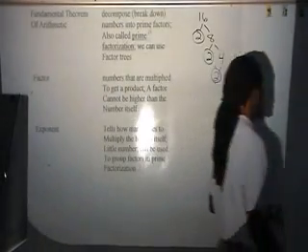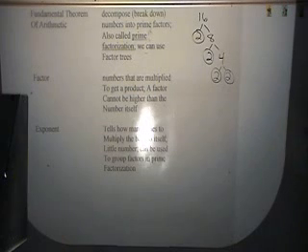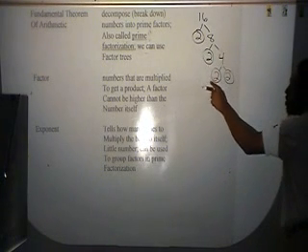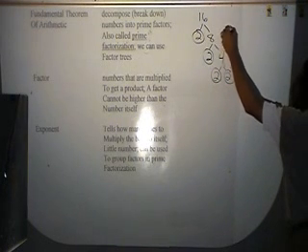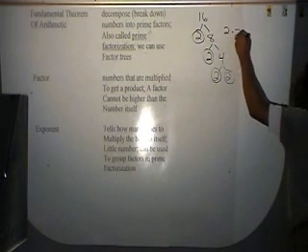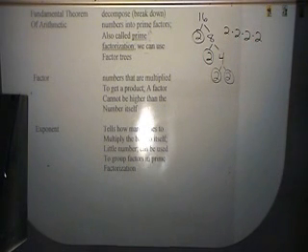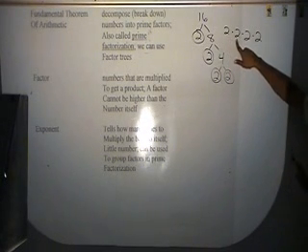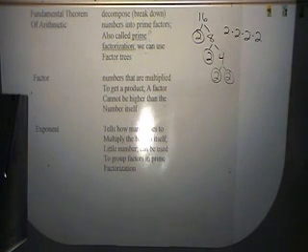Now, we're not done because when they ask us to write the prime factorization of a number, it tells us to write all the prime numbers that we multiply together to get 16. So if we multiply 2 times 2 times 2 times 2, we should get 16. 2 times 2 is 4. 4 times 2 is 8. 8 times 2 is 16.